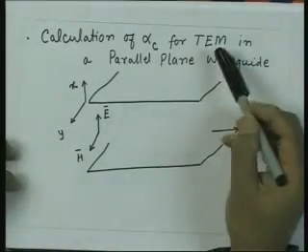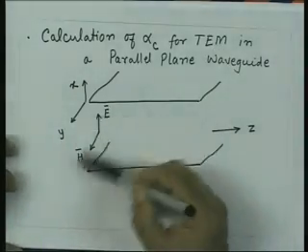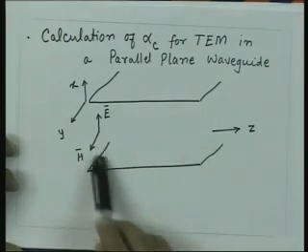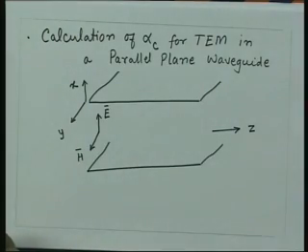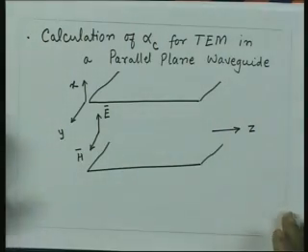And we have also seen for this mode, the ratio of the electric and magnetic fields is equal to the intrinsic impedance of the medium filling the waveguide. So, we have a relation between E and H that is equal to eta.